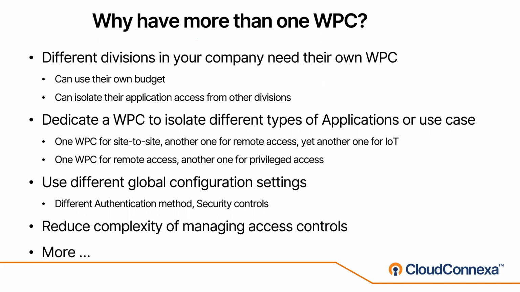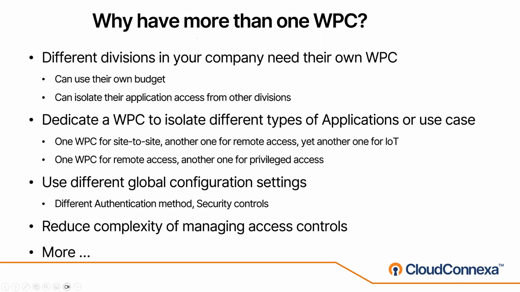So then you can just create one WPC for each of those divisions. They are now completely isolated. Their number of connections and how you pay for them can be different. And so here we are looking at isolating the private networks based on your organization hierarchy or how your company operates.